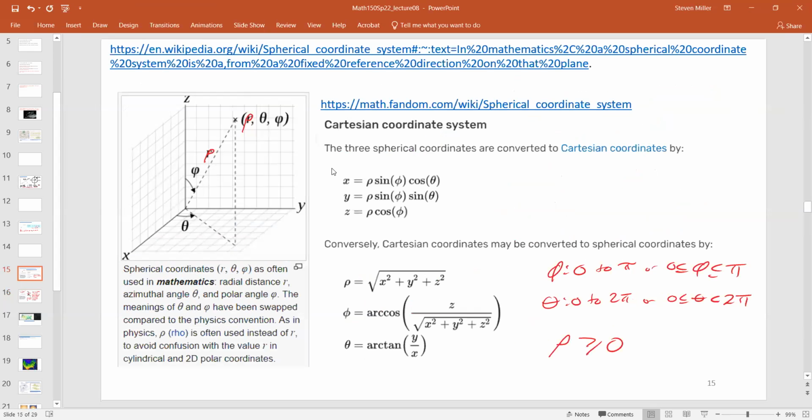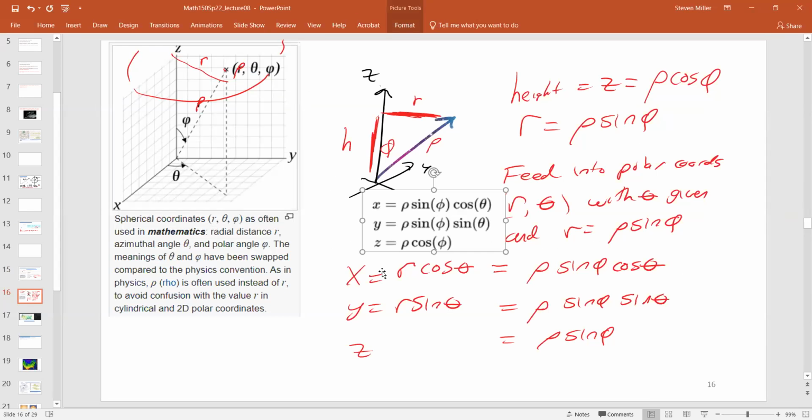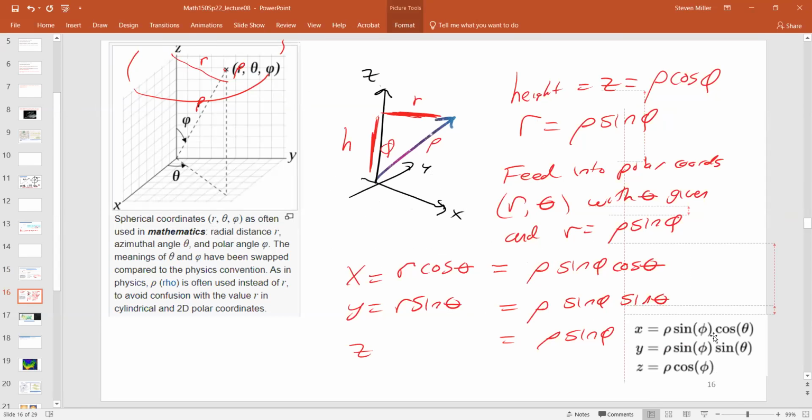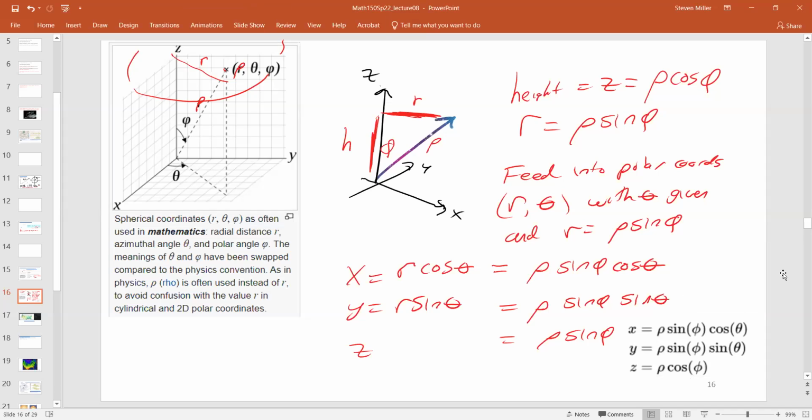And if we go back to what we had a moment ago, that is exactly what we had from before. So this is where spherical coordinates come from.